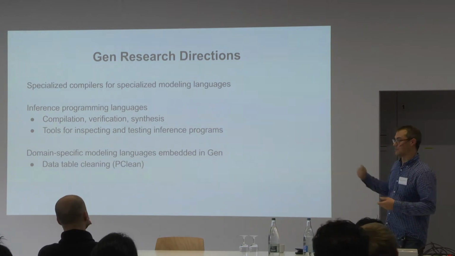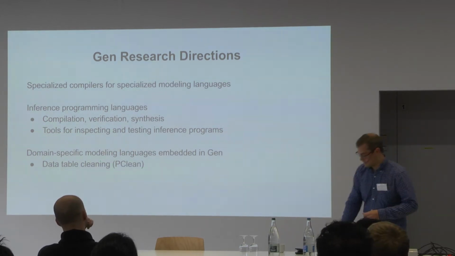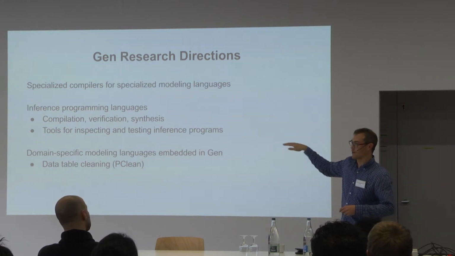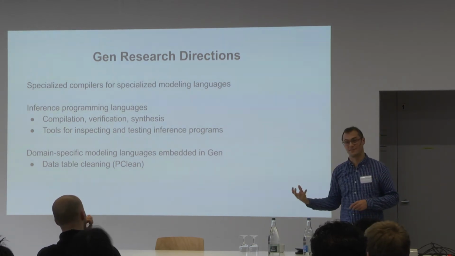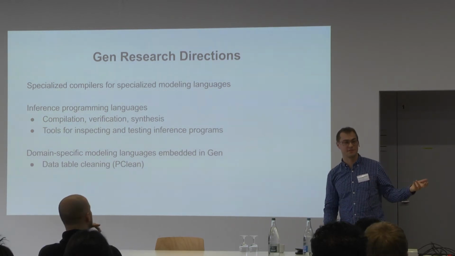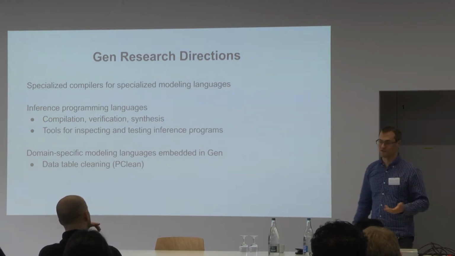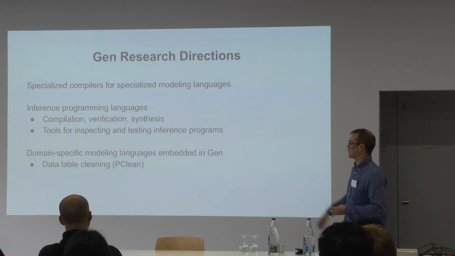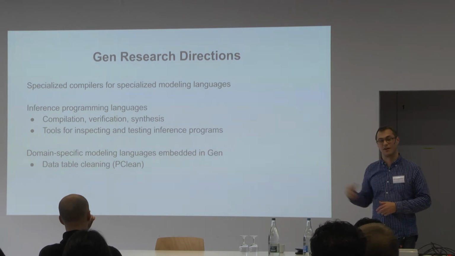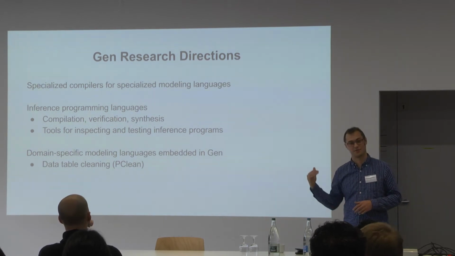So extending Gen with different modeling languages is an interesting area. Also, thinking of programming languages for the inference program itself, as opposed to the model program, which is what's been standardly looked at in this area, is really interesting. For example, what would it mean to synthesize inference programs, basically automatically writing those inference scripts?